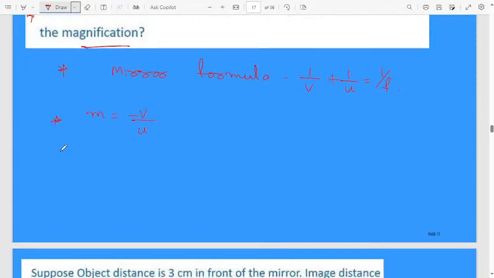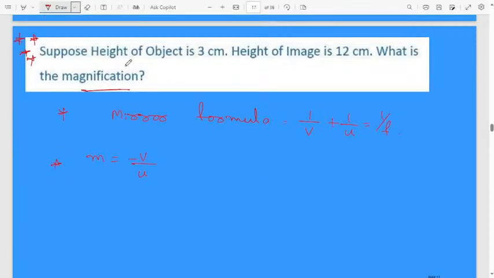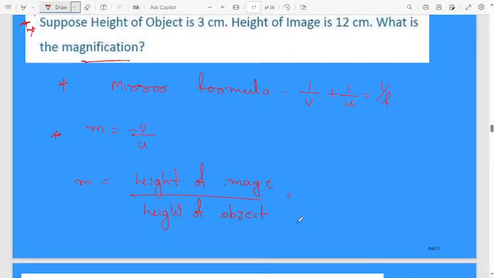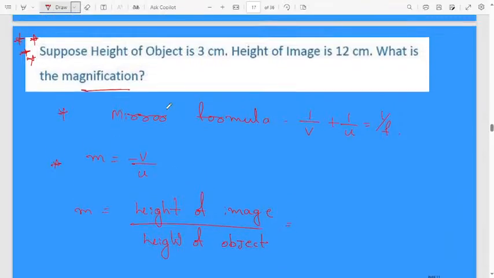But here they are given magnification in terms of height. Therefore magnification will be equal to height of image divided by height of object. We will use this formula because they are given the height. Remember, the mirror formula for magnification is minus v by u, but here they are not given the object distance or the image distance.